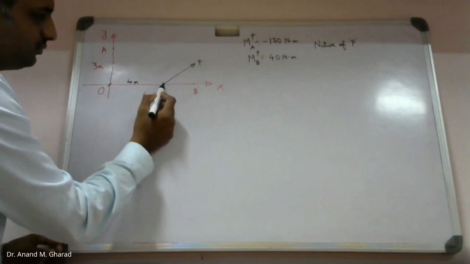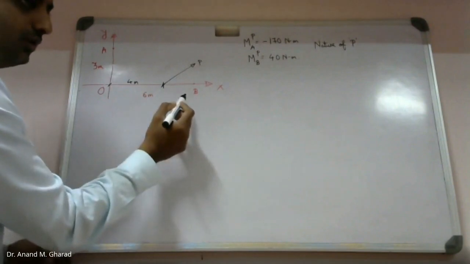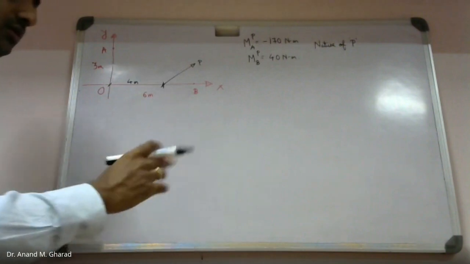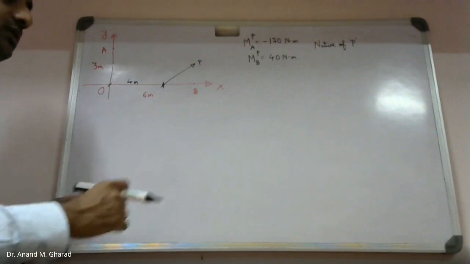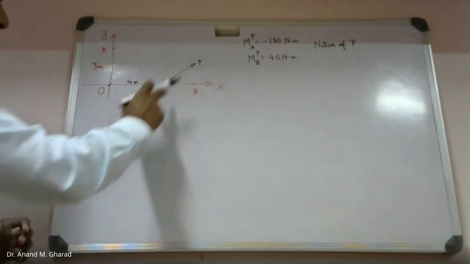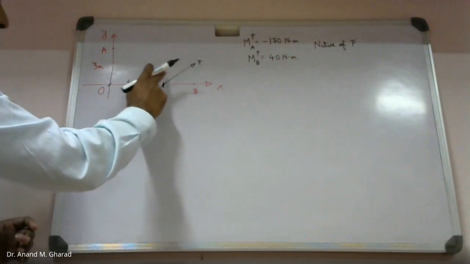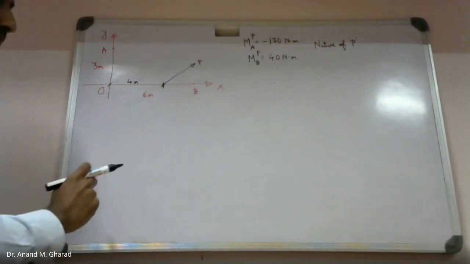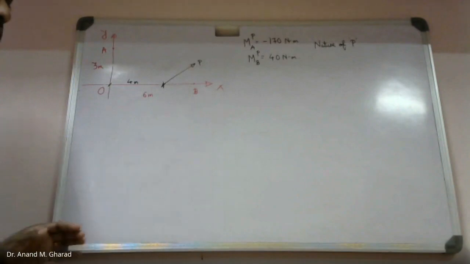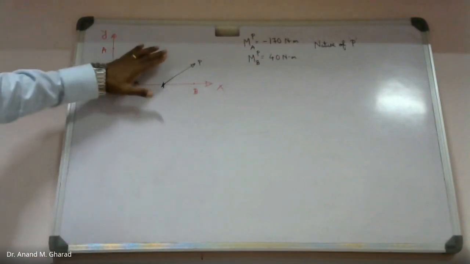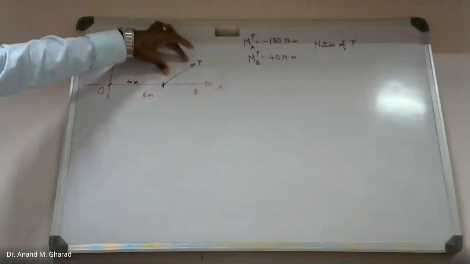Someone may also assume it like this. It is up to you. But in order to avoid confusion and the increase in calculation effort, just assume it like this, because you will find that if you keep the inclination in this manner, the calculation becomes simple. Okay, so let us find. Based on this information, I have assumed the inclined force to be like this.